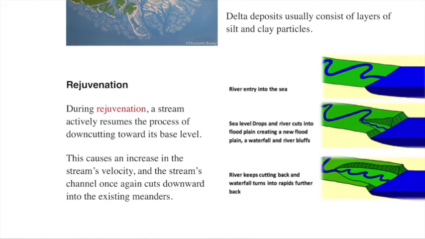So in the case of this picture at the top, I've got water going into the sea level. It's very close to its baseline. You have lots of meanders. It's very slow. With the slower water, you're going to get the turning back and forth and back and forth. If that sea level drops, then you end up with a waterfall into that lake or a waterfall onto that ocean.